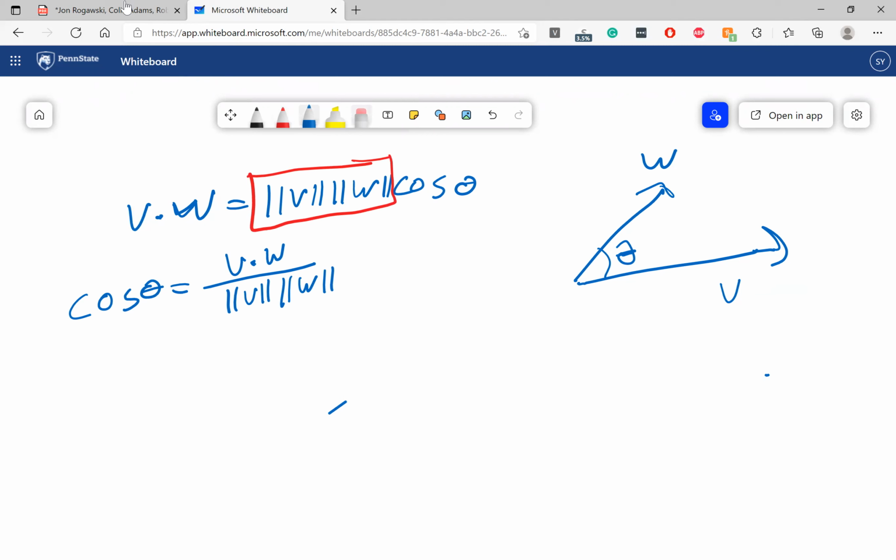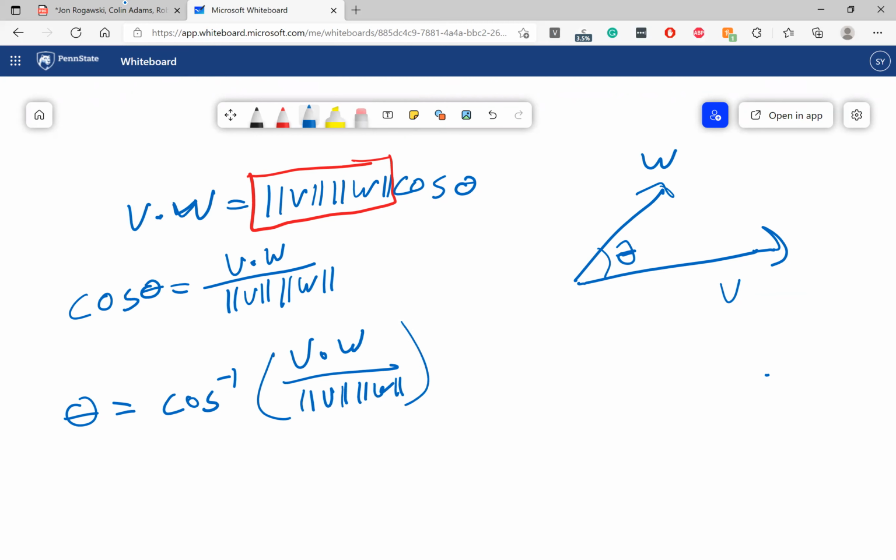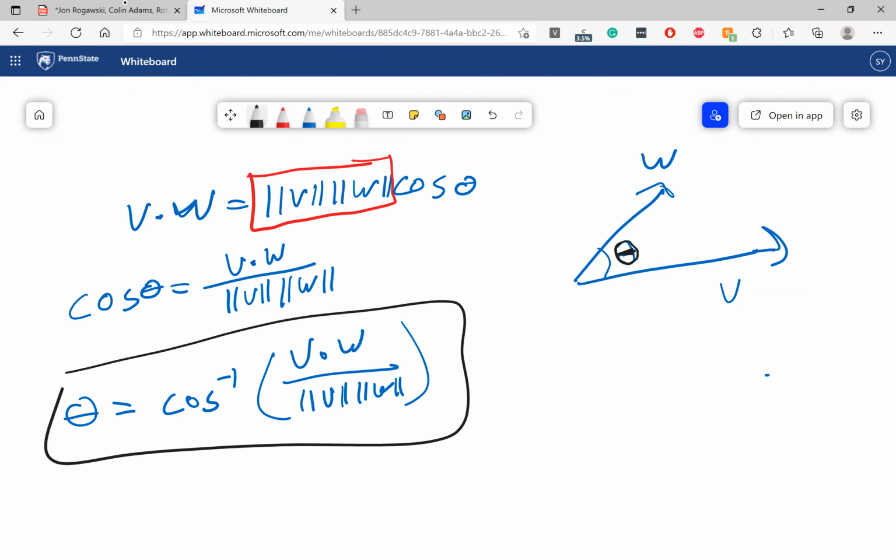And another thing we can then do is say the angle between two vectors is equal to cosine inverse of v dotted with w over the magnitude of v times the magnitude of w. If you're ever asked for the angle between vectors, this is the formula to use.